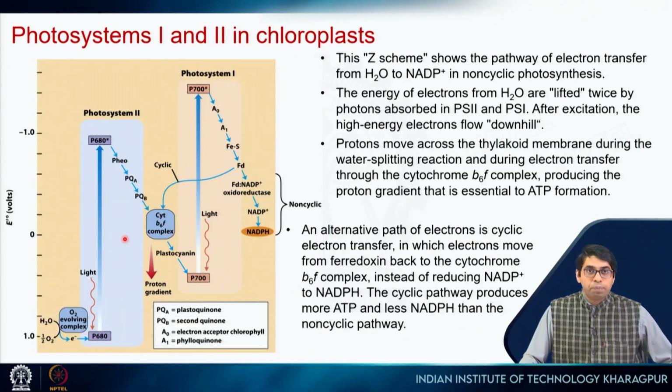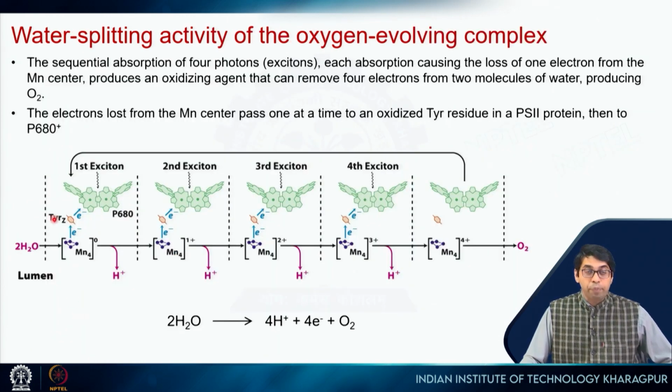So, let us look at this oxygen evolving complex. We have already seen this photosystem 2, photosystem 1, the cytochrome b6f complex. Now, let us look at this oxygen evolving complex, right. So, here the water splitting activity of the oxygen evolving complex happens. Water is split resulting in the formation of hydrogen ions and oxygen.